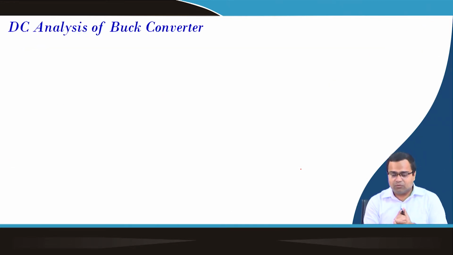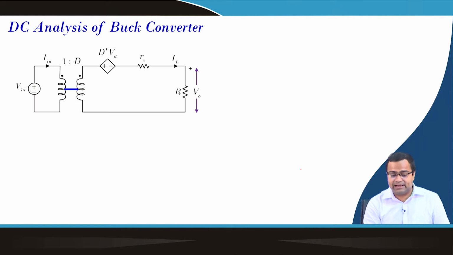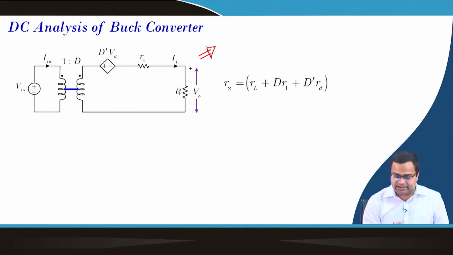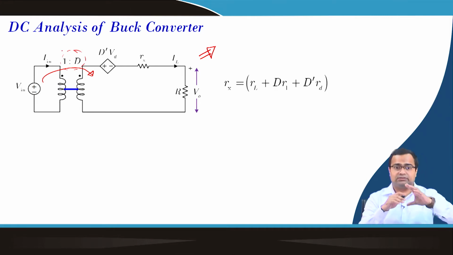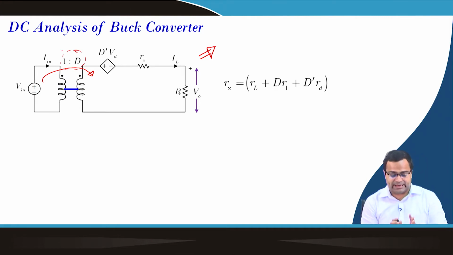Next, once we have the DC equivalent circuit, now we want to analyze. What can we analyze? We need to find out the voltage gain. So, now this is a simplified form of the DC equivalent circuit. In fact, this circuit can be redrawn where Rx is given, because I can take this source to this side by suitably taking into account the transformer gain, voltage gain.